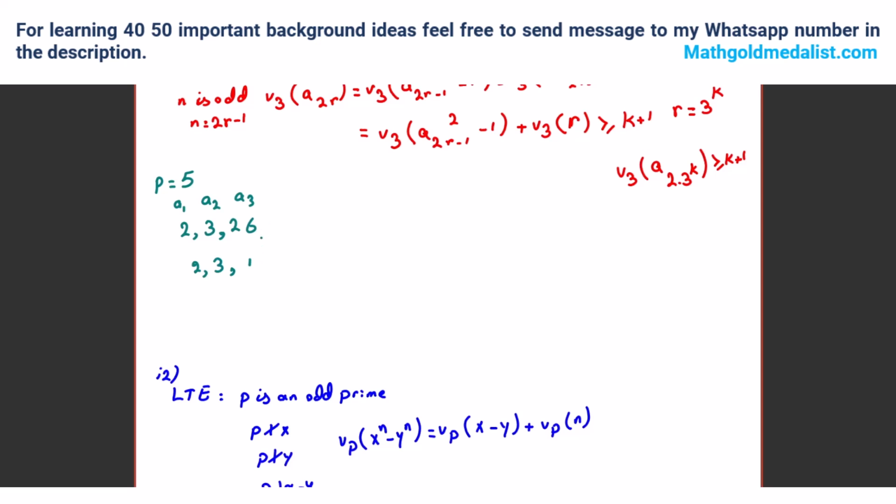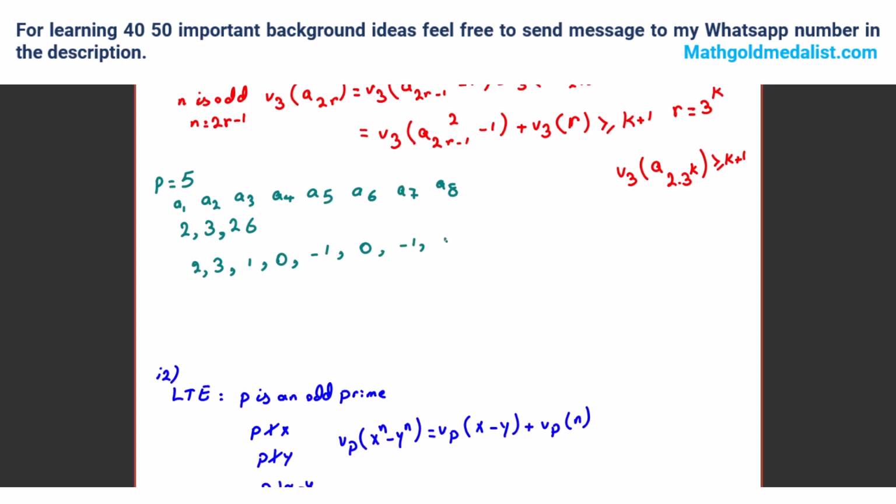Next one is what? 1 to the power of 4 minus 1, 0. Next one is a4, a5. So 0 to the power of 5 minus 1, negative 1. a6 is what? Negative 1 to the 6 minus 1, 0. a7 is what? 0 to the power of 7 minus 1, negative 1. a8 is what?